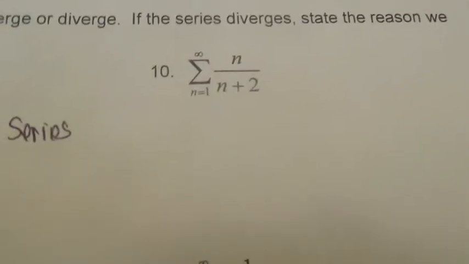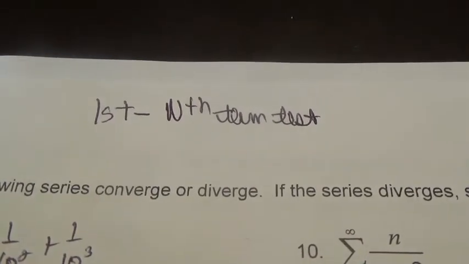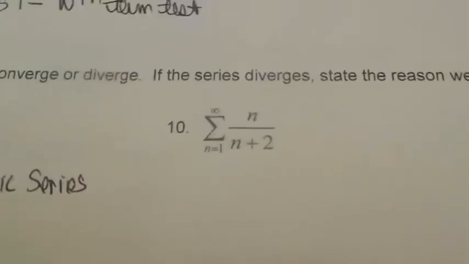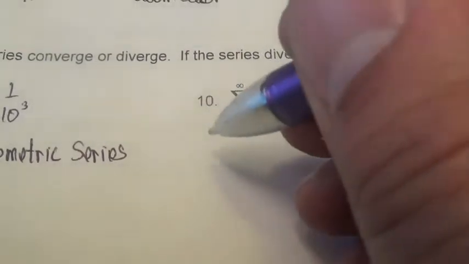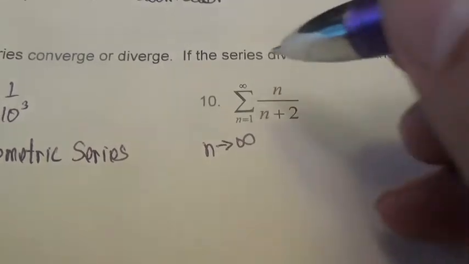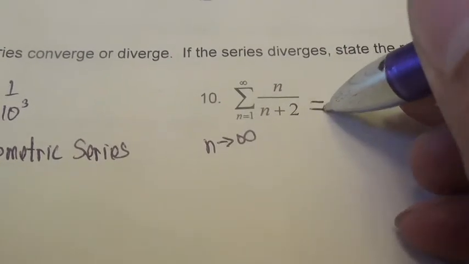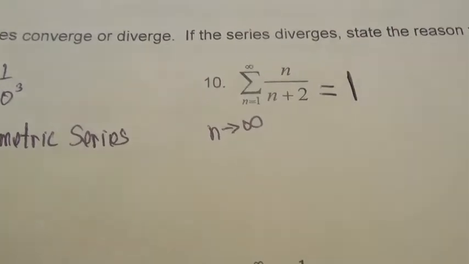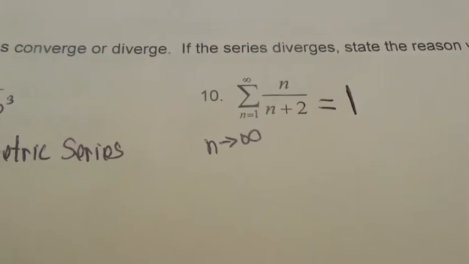All right, letter B, again, you're going to do the nth term test first. When we do that, as your n goes to infinity, we should be able to conclude that that actually has a limit of 1.